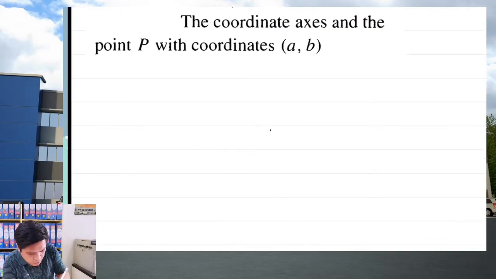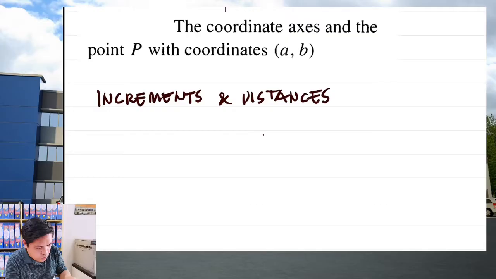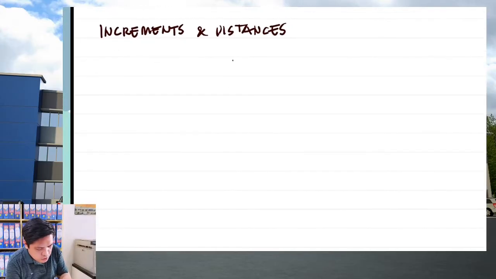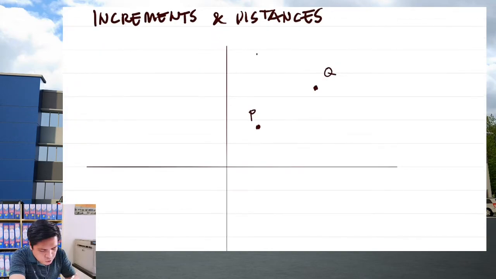So now let's talk about increments and distances. In a Cartesian coordinate plane, if we have two points, let's say this is point P and this is point Q, and the point is moving from P to Q, then we could say that there is a change or an increment in its position from P to Q. We'll describe this by first describing these two points.